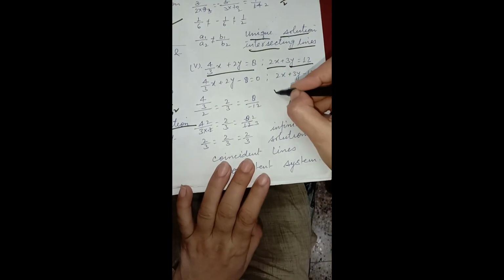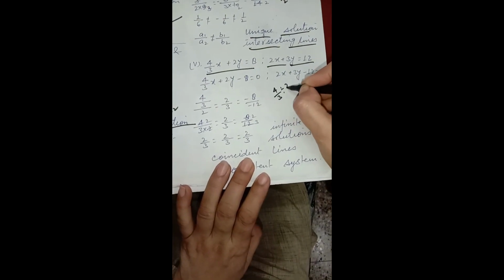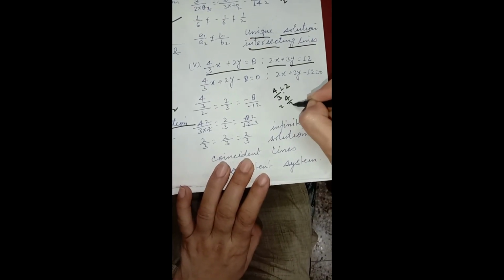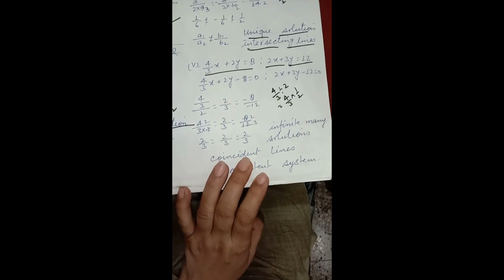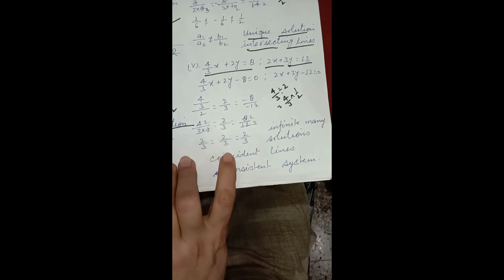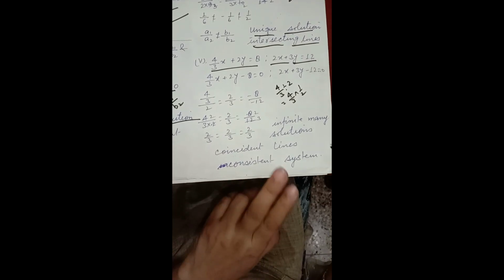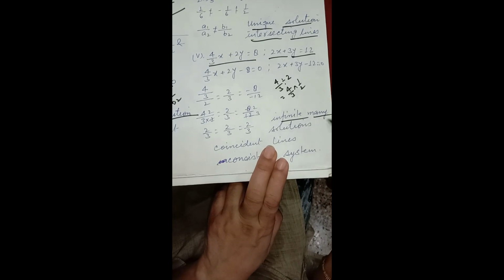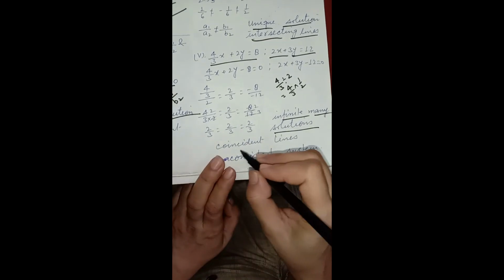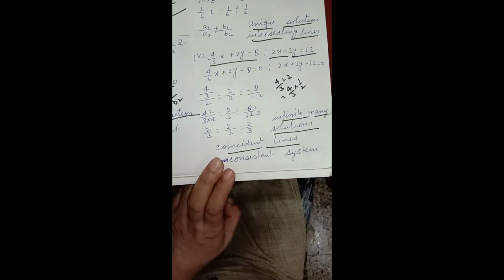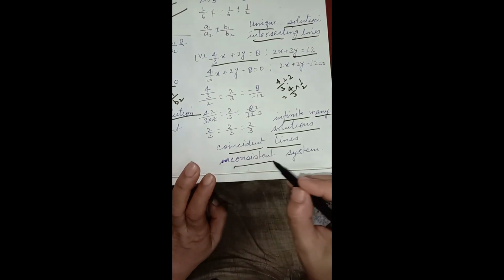So again 4 by 3 divided by 2 is 4 by 3 into 1 by 2. On solving we will get 2 by 3, 2 by 3 and 2 by 3. All these ratios are equal. A1 upon A2 equals to B1 upon B2 equals to C1 upon C2. Hence we will have infinite many solutions. We will have coincident lines, overlapping lines, and the system is consistent.